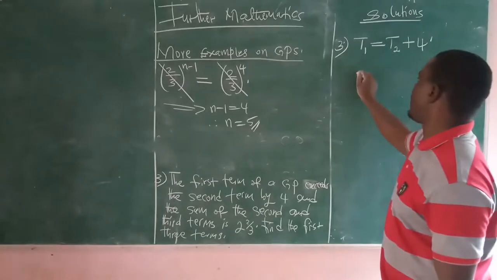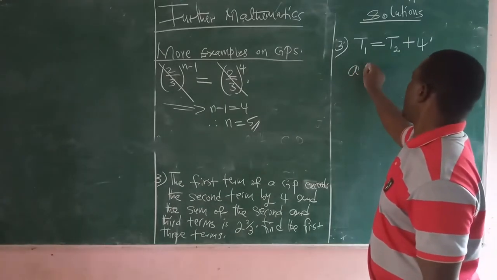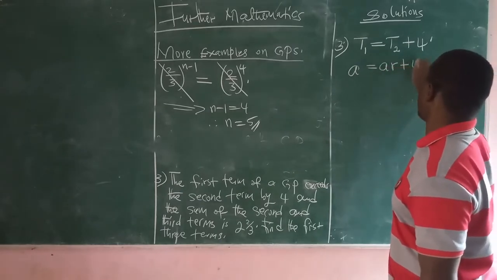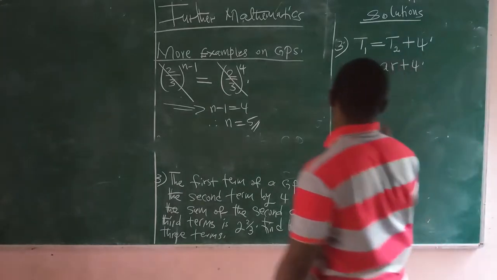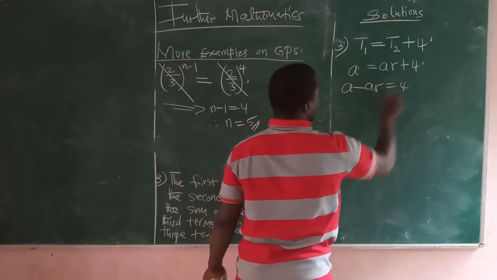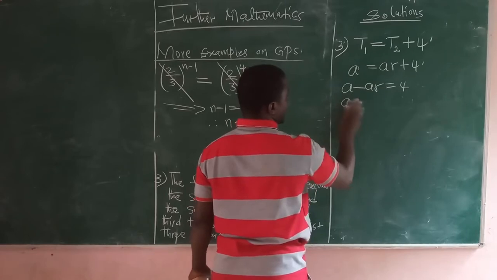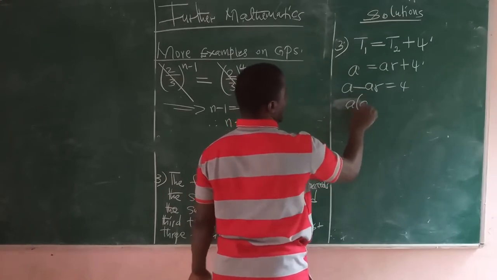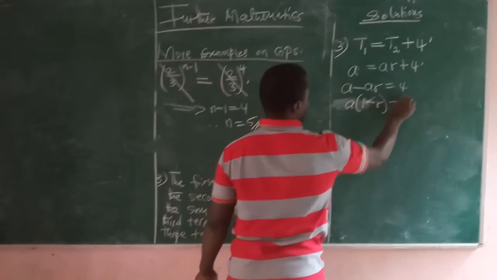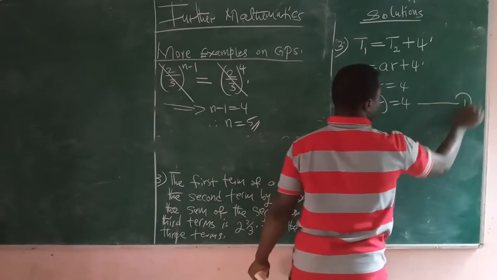So I can write this in terms of the formula. I'm going to have the first term A is equal to the second term AR plus 4. That means that I can write this as A minus AR equal to 4. Call this equation 1.